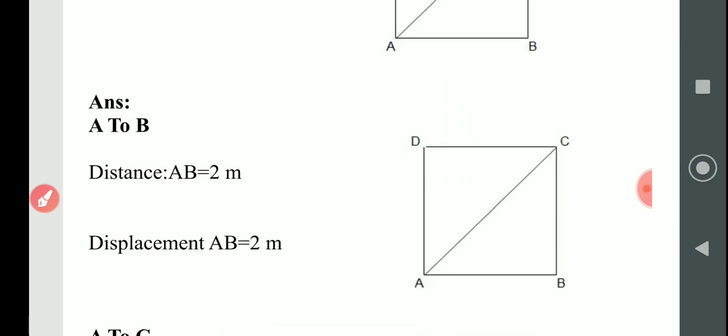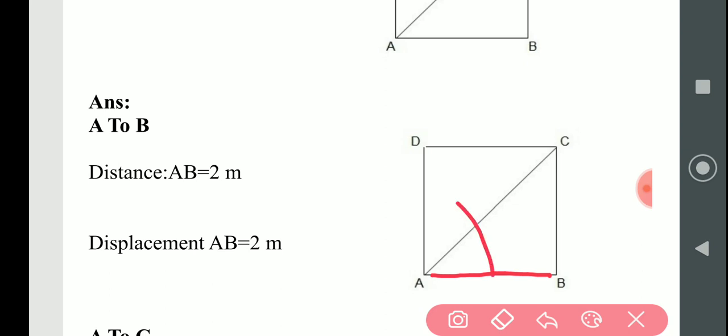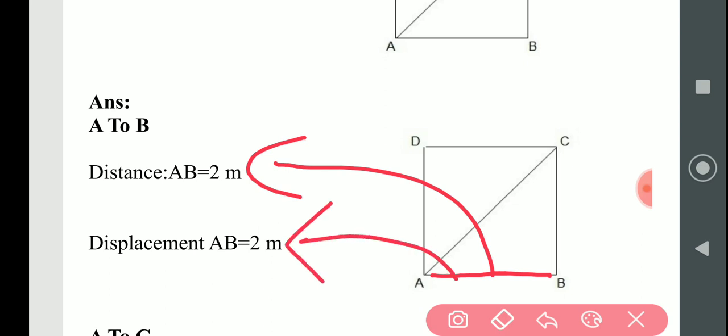Next, displacement. We know that if the body is moving in a straight line, in that case, distance is always equal to displacement. So, what is the distance between AB? 2 meter. Therefore, the displacement between AB is also 2 meter.